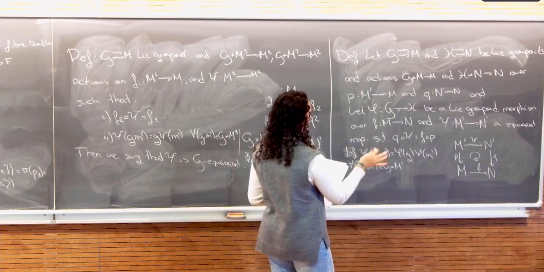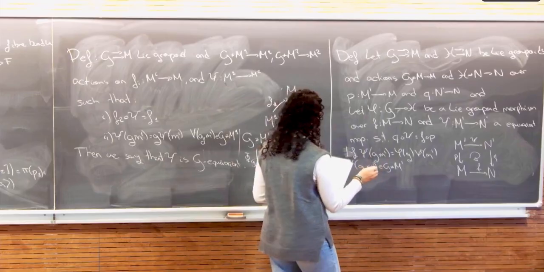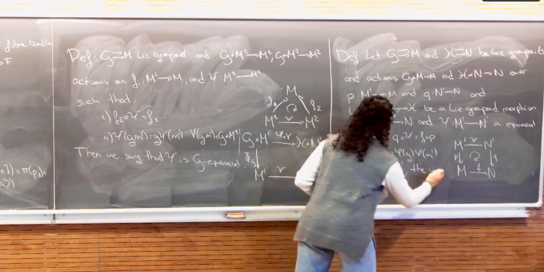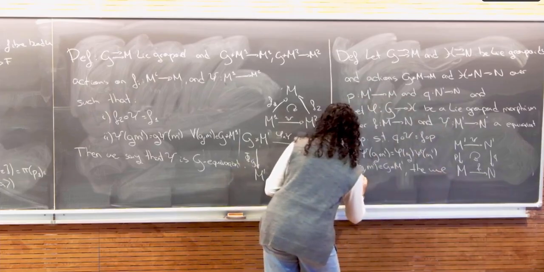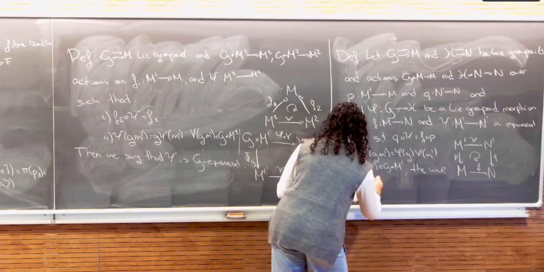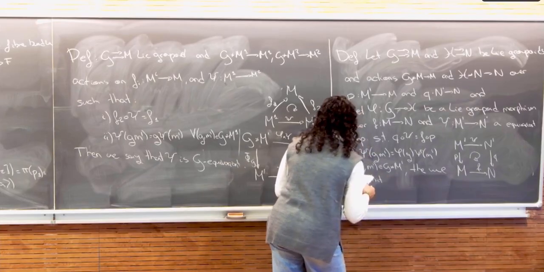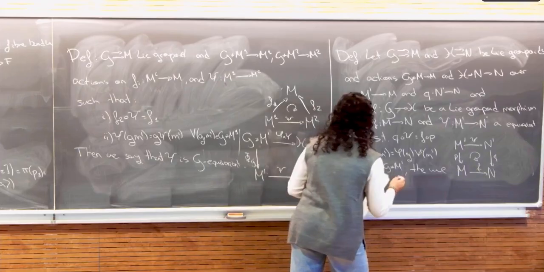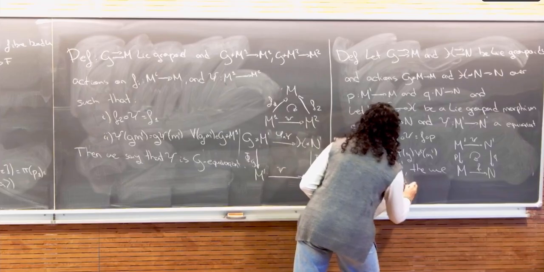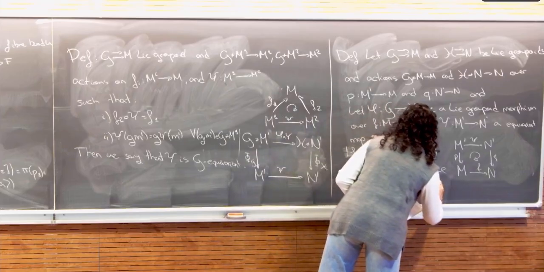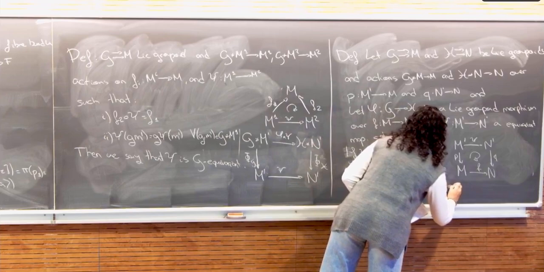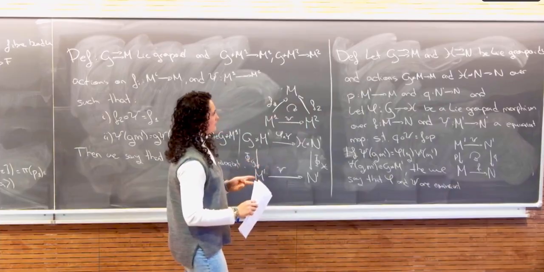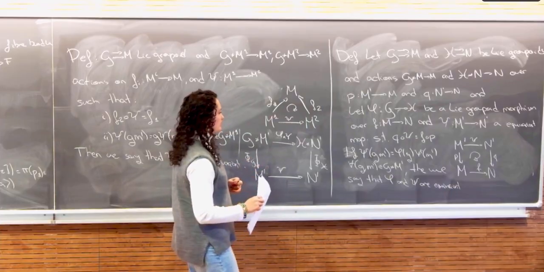then if all these properties are true, we say that this Lie group morphism is equivariant.